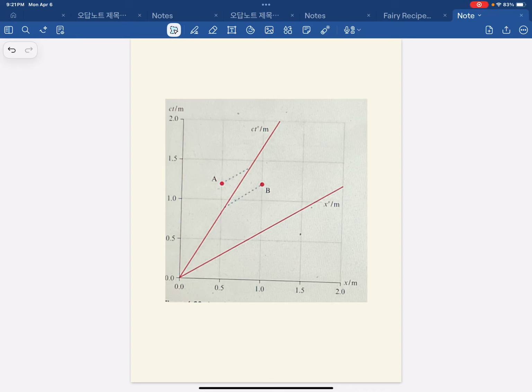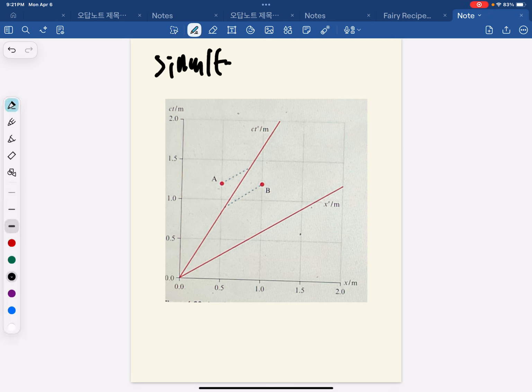Hello, this is my 6th video on spacetime diagrams, and today we're going to be talking about simultaneity. Actually, I think this is one of the concepts that spacetime diagrams make really intuitive. Simultaneity is when two events occur at the same time.